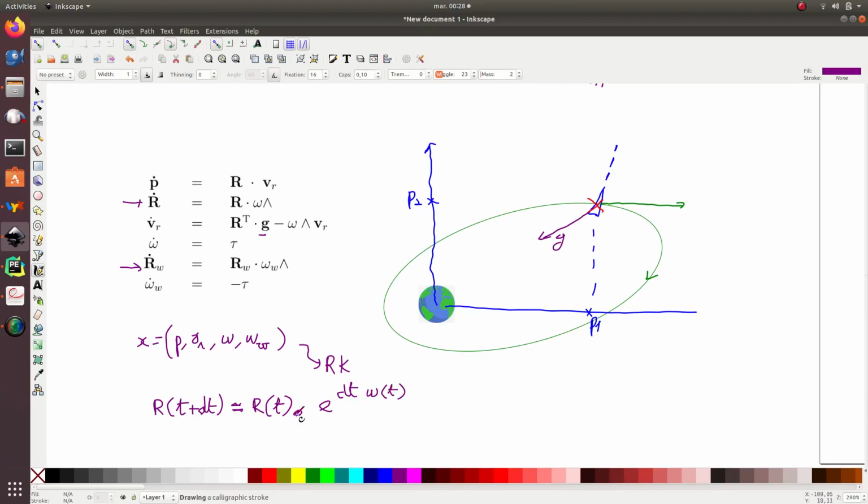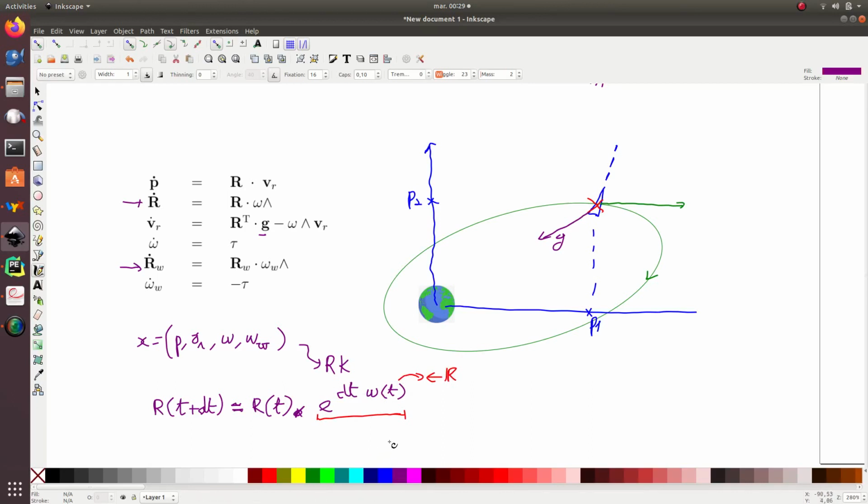So this is a multiplication, and this corresponds to a 2x2 rotation matrix. Take care, omega belongs to R, but the exponential gives me a 2x2 matrix.